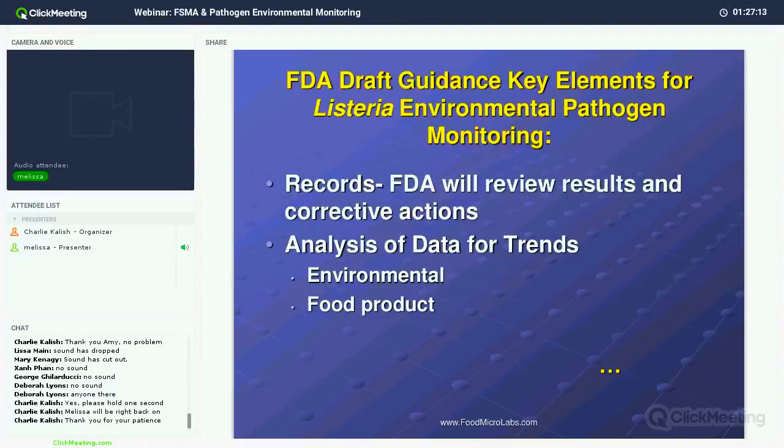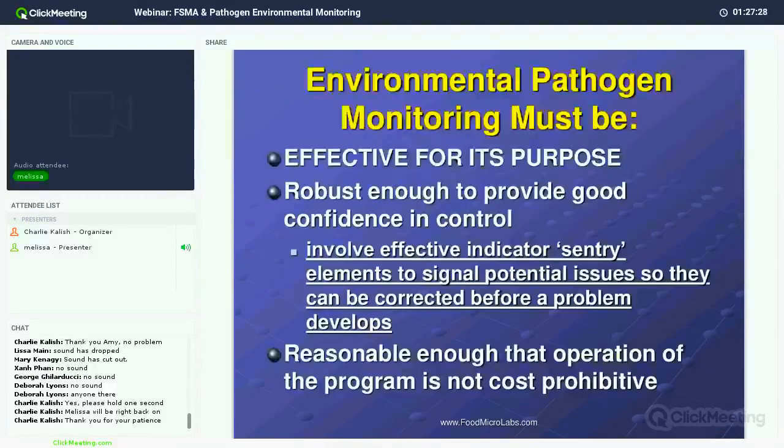And they recommend analysis of data for trends relative to the environment and relative to the food product, so that we're not only responding to individual test results, but we're responding to clusters of results or patterns of results that might indicate there's an issue that we might have missed with an individual test result. And so the pathogen monitoring has to be effective for its intended purpose.